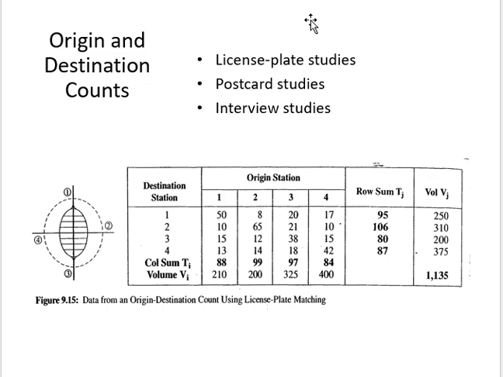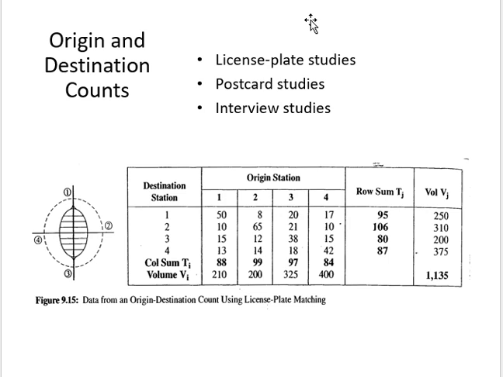Under each column and beside each row, you see these numbers. The last row and the last column are the numbers from the counting which is done in the field. Somebody was standing at the exit point of zone 1 and they counted 210 vehicles.